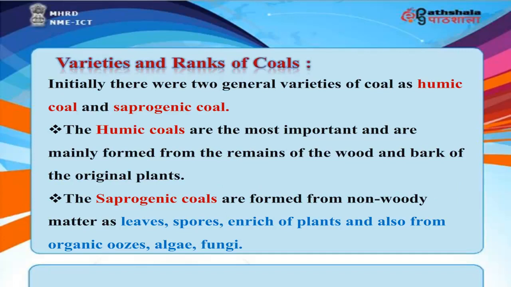Varieties and ranks of coals. Initially, there were two general varieties of coal: humic coal and saprogenic coal. The humic coals are the most important and are mainly formed from the remains of the wood and bark of the original plants. The saprogenic coals are formed from non-woody matter such as leaves, spores, and resinous parts of plants, and also from organic oozes, algae, fungi.